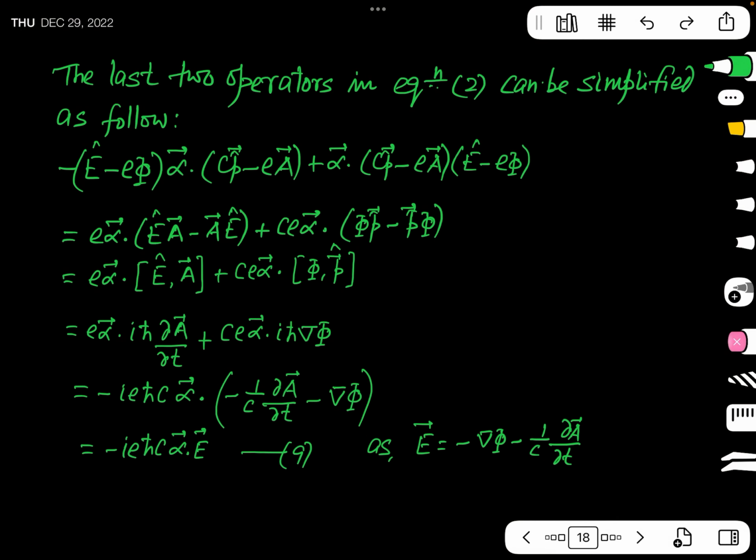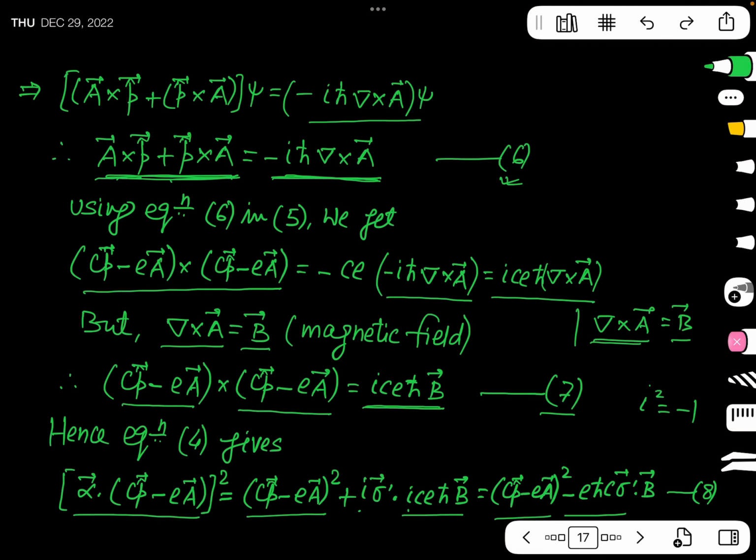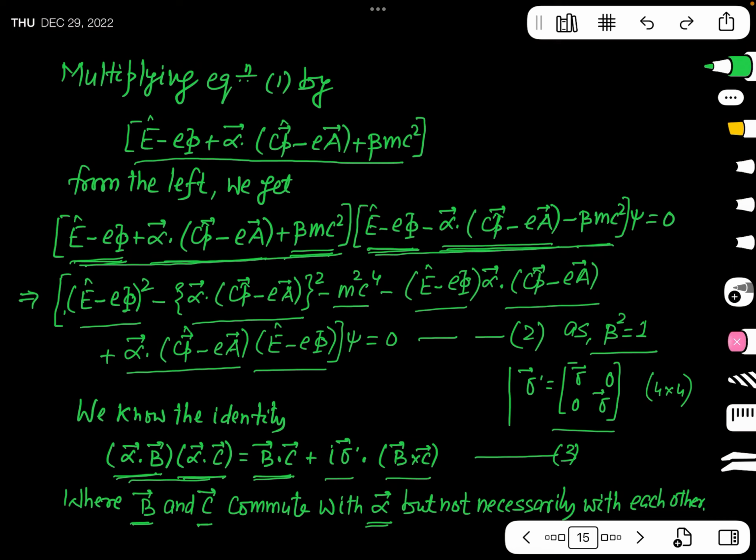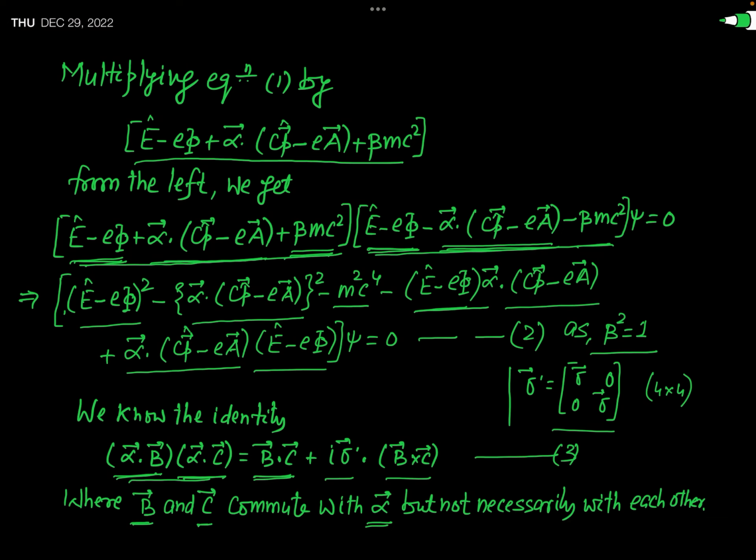In fact, now the remaining two operators in equation 2 will also be simplified, step by step. You can see what are the remaining operators in this equation. The last two operators are e minus e phi, alpha dot (Cp minus eA).